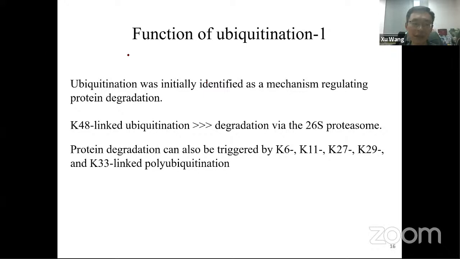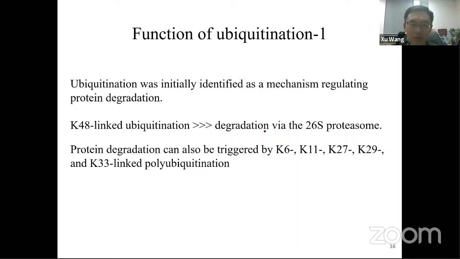Indeed, K48-linked ubiquitination signals proteins for degradation, and the proteins attached with K48-linked polyubiquitin chains can be degraded via the 26S proteasome.